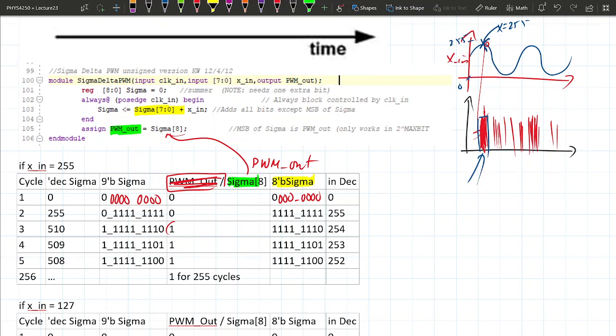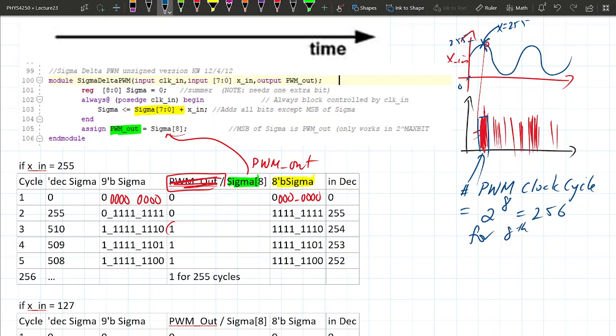So the number of pulse width modulation clock cycles has to equal, in this case, 2 to the 8, in other words 256, for 8 bits.